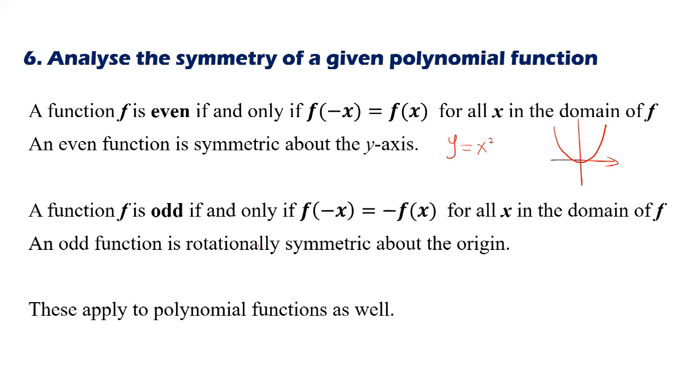An odd function is rotationally symmetric about the origin. Okay, for example, y equals x cubed. This is a typical odd function which has a graph like this, right? It is rotationally symmetric about the origin.